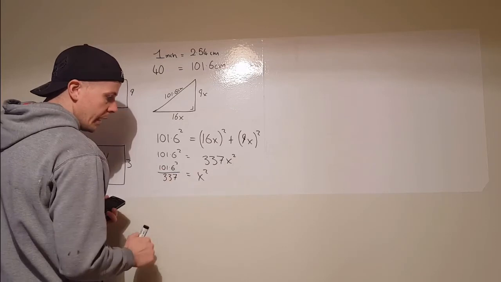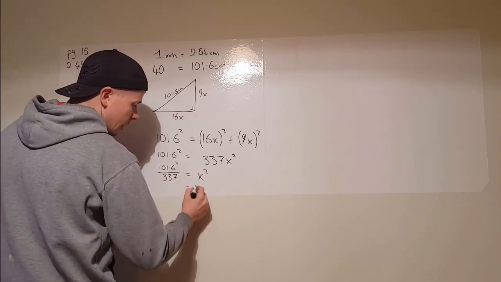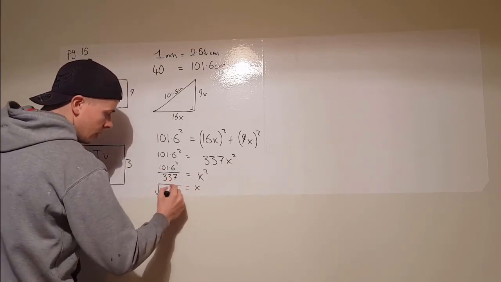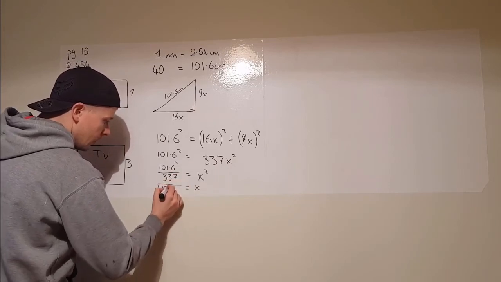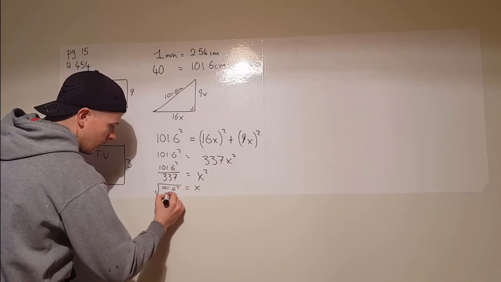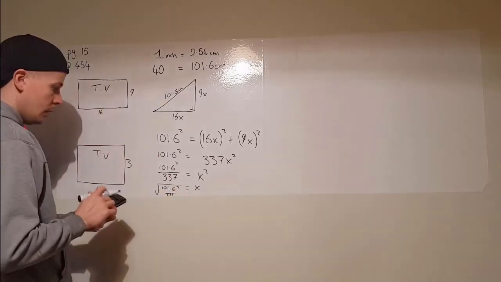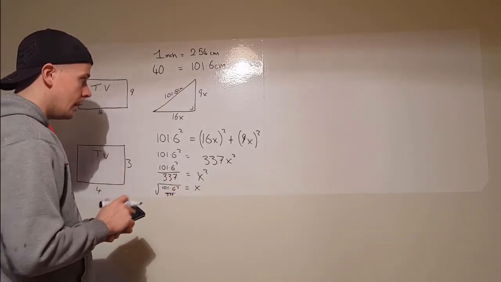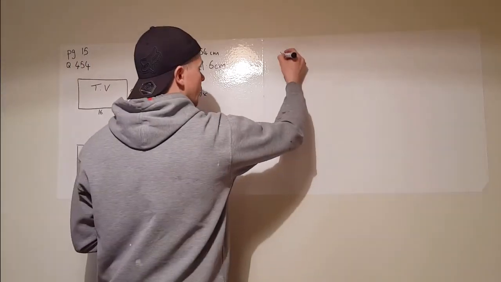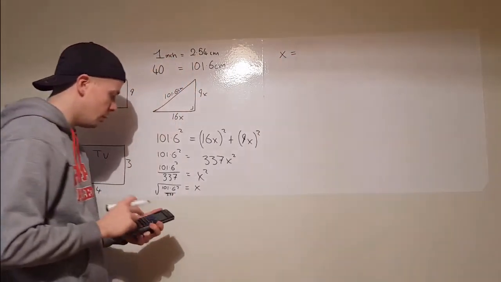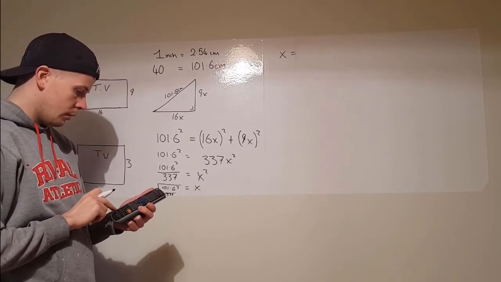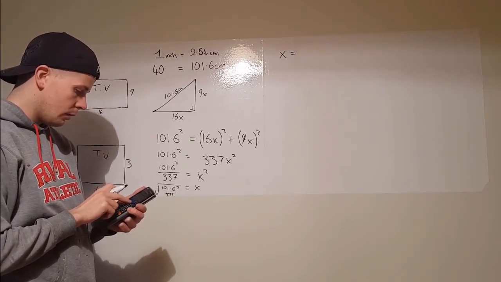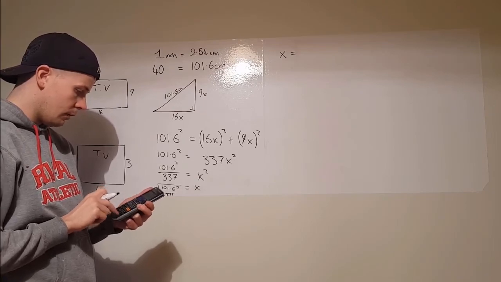Now I want to find what x is, so I'm going to have to get the square root of this. Putting all of that into your calculator, x is going to be the square root of 101.6 squared all over 337.